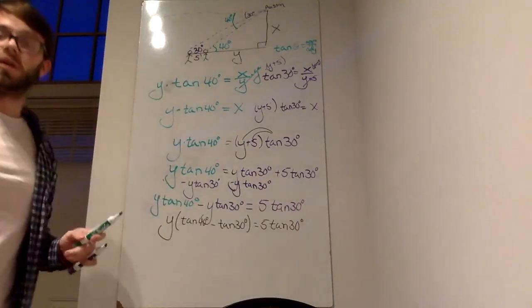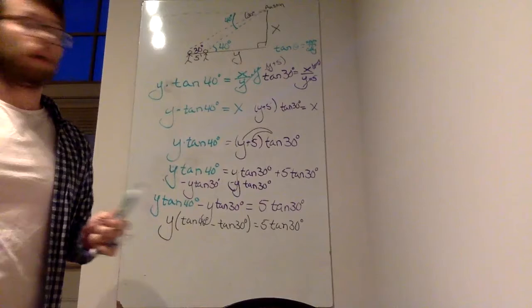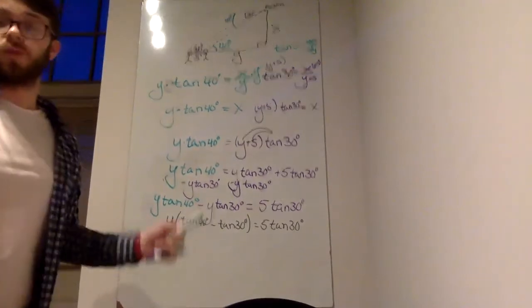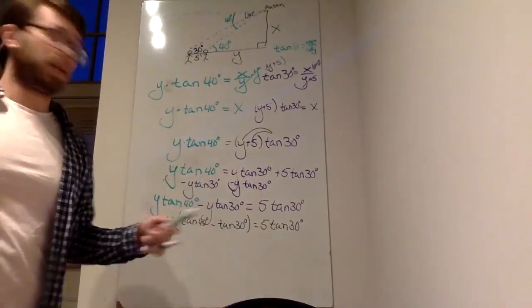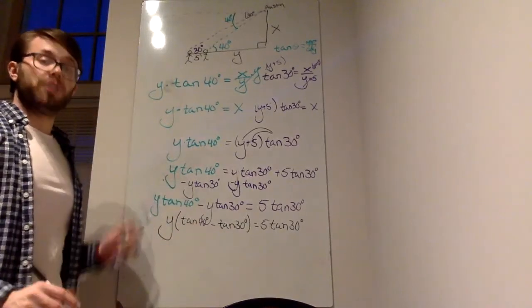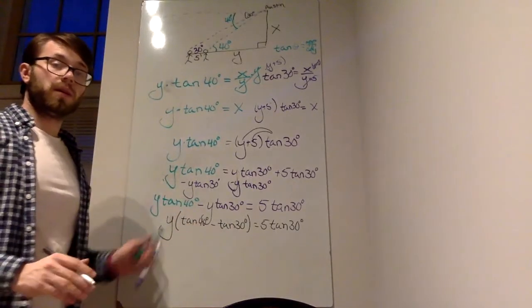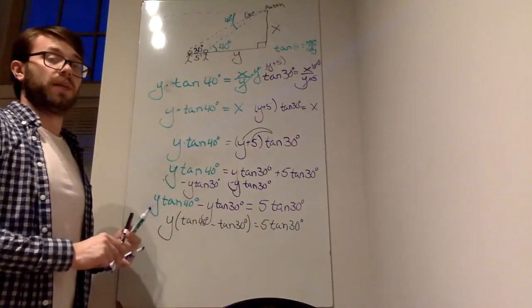Okay, so we now are almost at the point where we have y by itself. Again, tangent of 40 degrees is a number. Tangent of 30 degrees is a number. A number minus a number is still a number. So because it is just a number, we can divide by it. The only time we could not divide is if we knew it was 0.